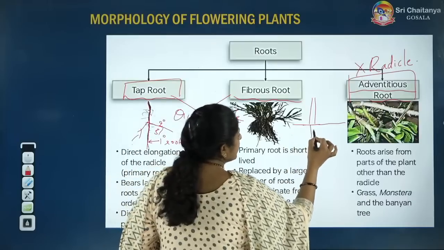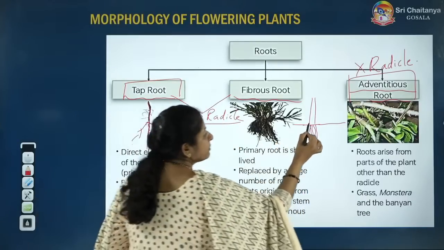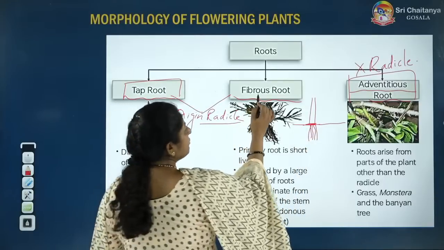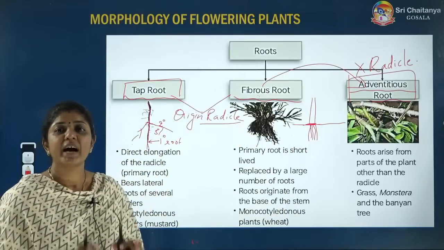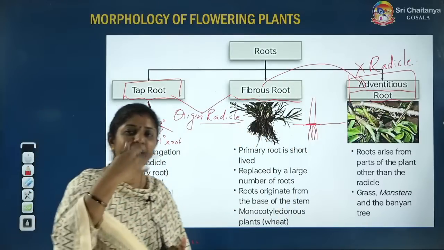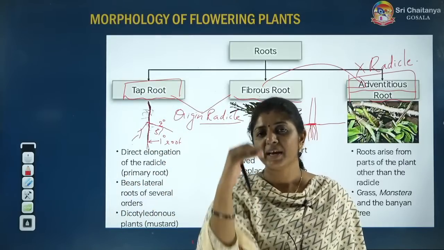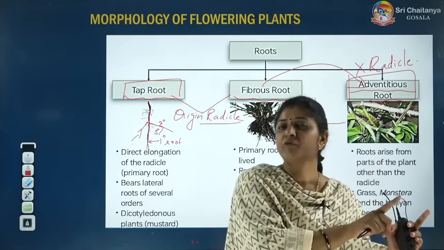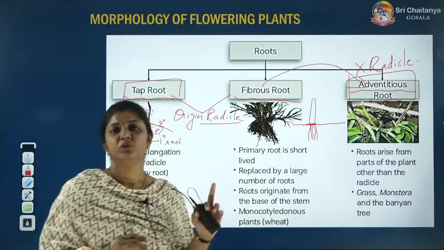Then what is it giving out? It is giving a bunch of roots from the base of the stem. So can I say fibrous ultimately becomes adventitious? Why? Because later the origin is not radicle. The origin is the base of the stem. But since it starts from the radicle, that's why it is different from adventitious root.